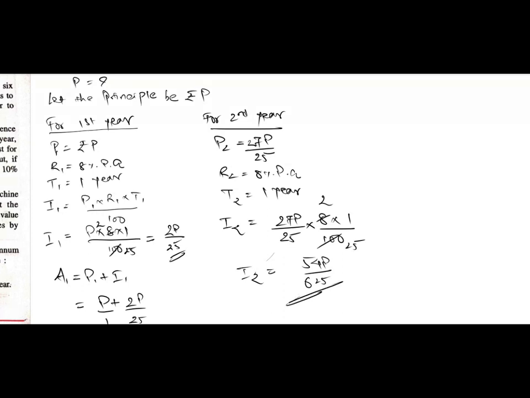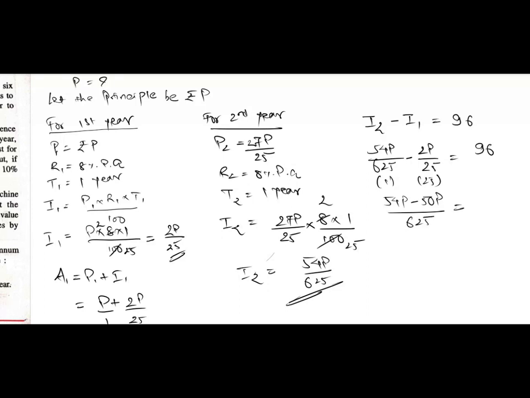We don't need to solve any further because we just have to find I2 minus I1, which is rupees 96. The value of I2 is 54P upon 625 minus the value of I1, which is 2P upon 25. 625 and 25, LCM is 625, 25 25s are 625, so 54P minus 50P upon 625 is equal to 96.